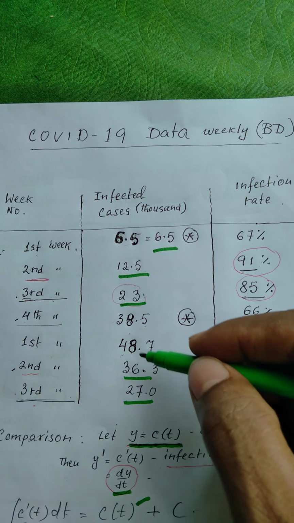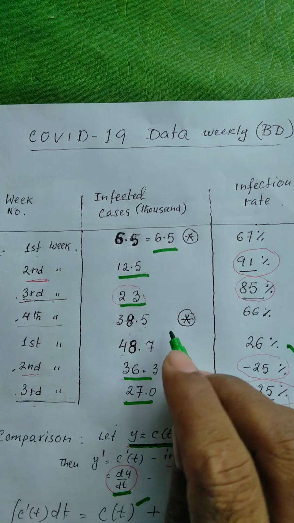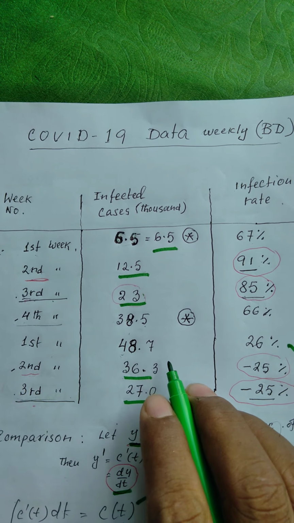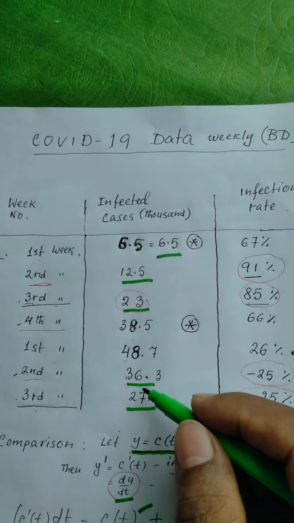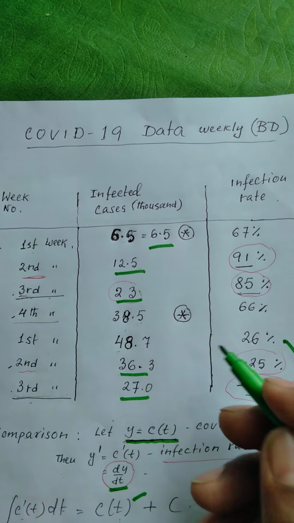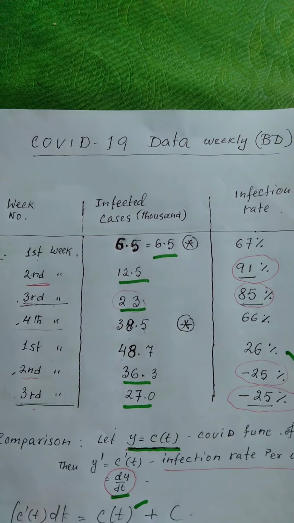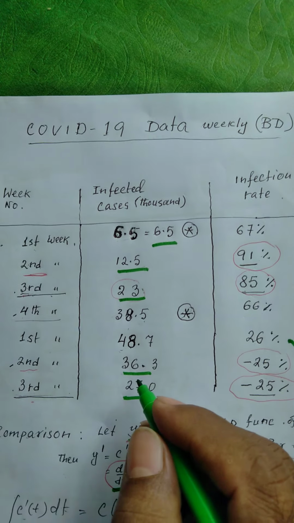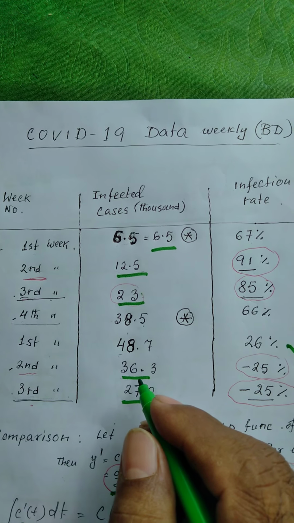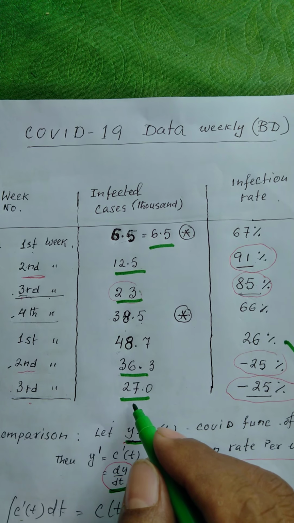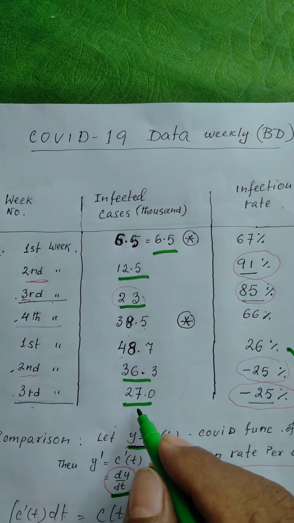In the first week of April, this is 48.7 thousand, almost 49,000, and then 36,000 in the second week, and the third week of April is 27,000.